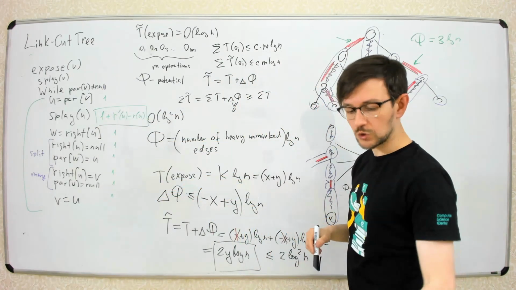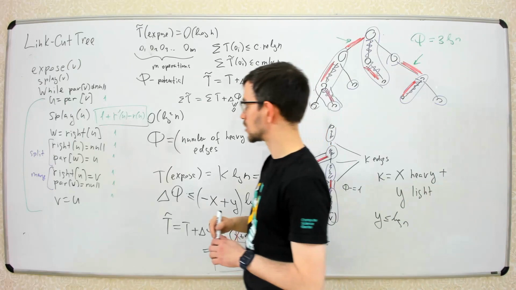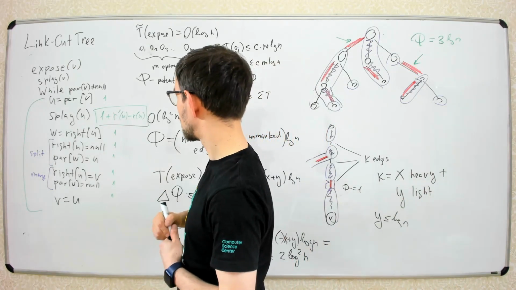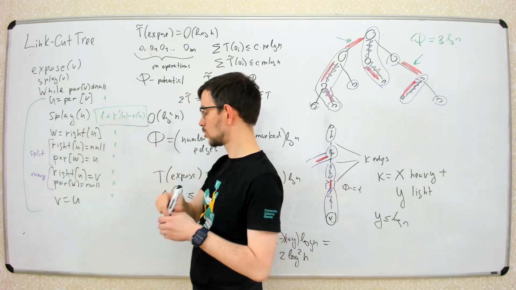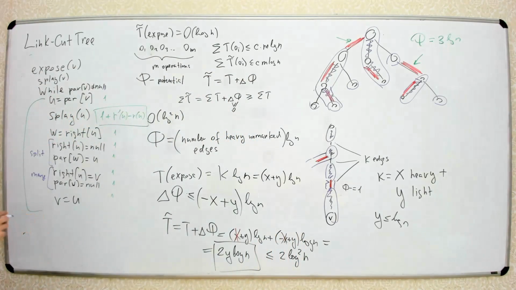To do this, we will more carefully calculate the total time cost of this operation. Let's look at all the nodes we Splay in this loop. We Splay node U, then in the next iteration of the loop, again take the node U and Splay, and so on.